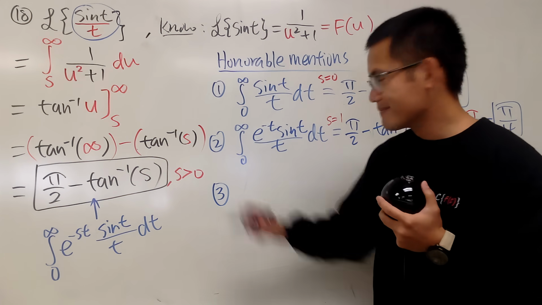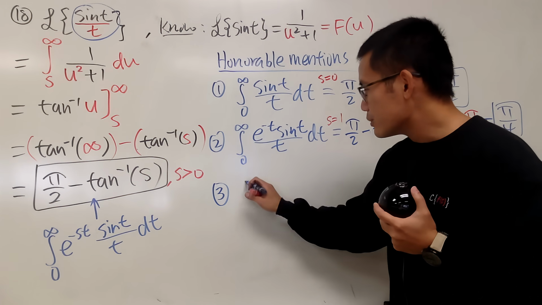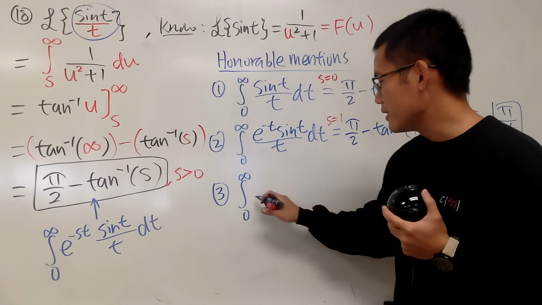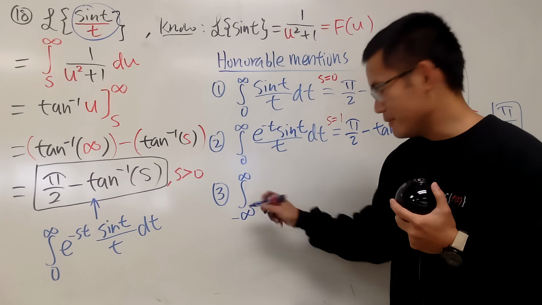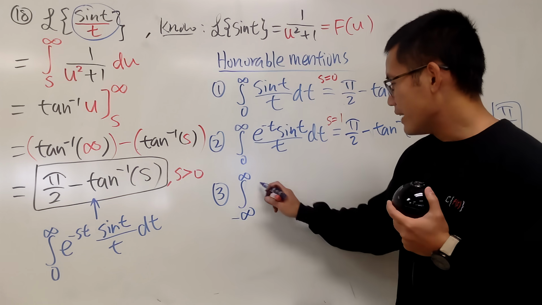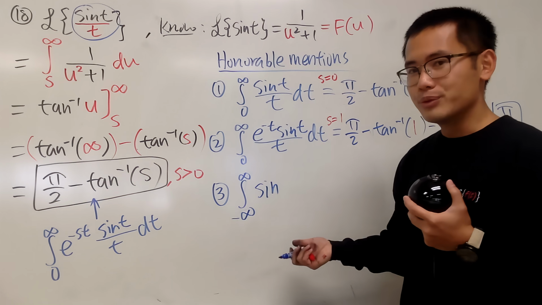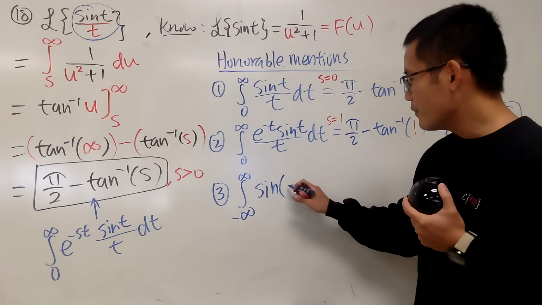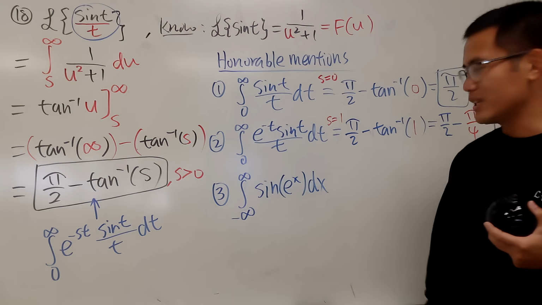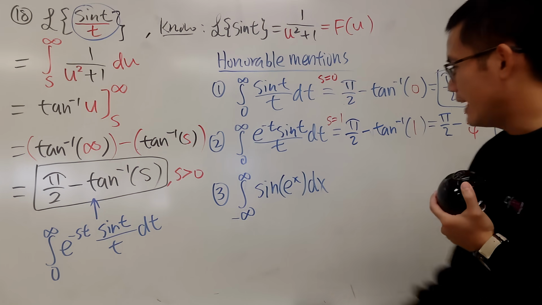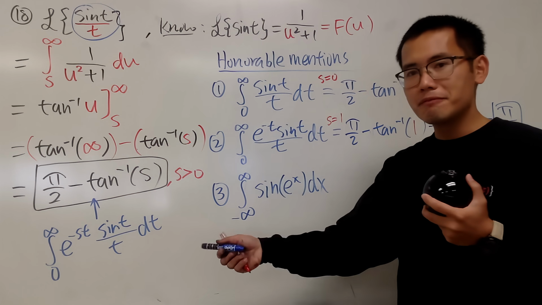Number 3, honorable mention. So, let's look at the integral from negative infinity to positive infinity of sine of e to the x. Oh my god. Hey, this does not look like any of that.